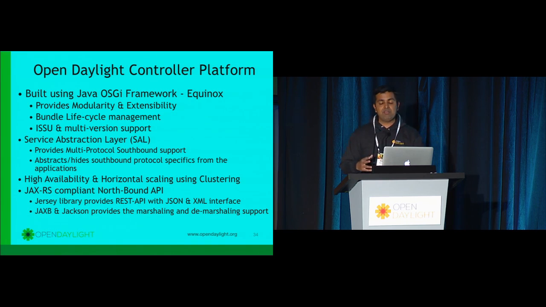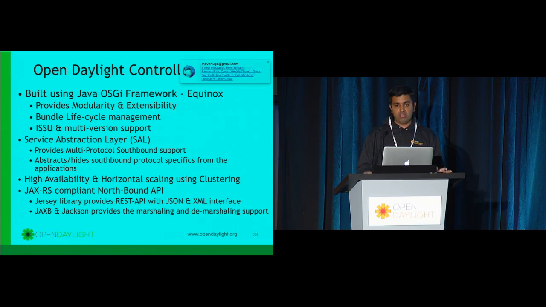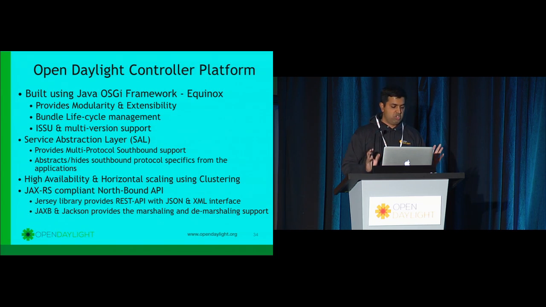But once you have requirements like modularity, extensibility, ISSU, and so on, you have to really think about a framework that provides you in-service software upgrade. That's one of the most important things. And it should be modular so that you can plug in and plug out components. You can dynamically upgrade a given fix. You can have new algorithms dynamically introduced without needing to reload or bring down the controller, and so on. So OSGI provides all those natively without any issues at all.